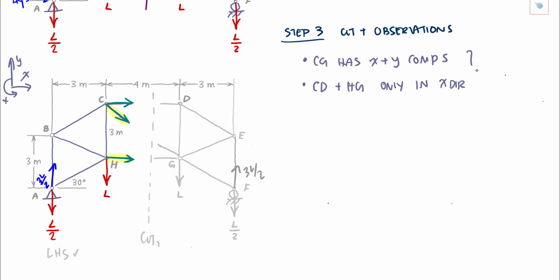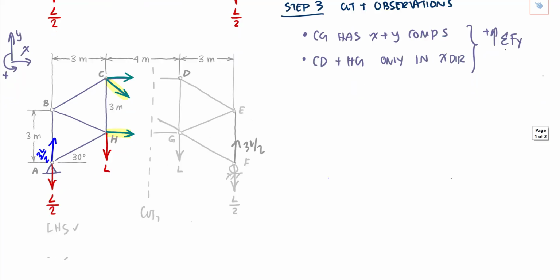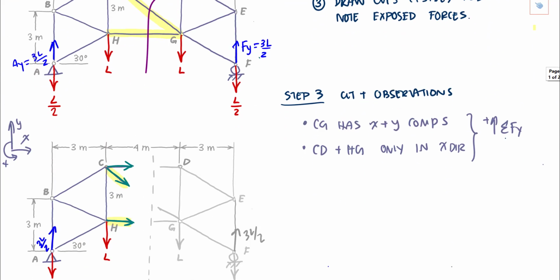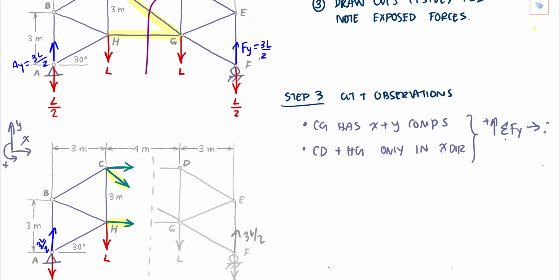So these two actually help me out because while making these observations, I can list out my strategy. Because CD and HG are only in the X directions, I can use a Y formula to solve for CG.